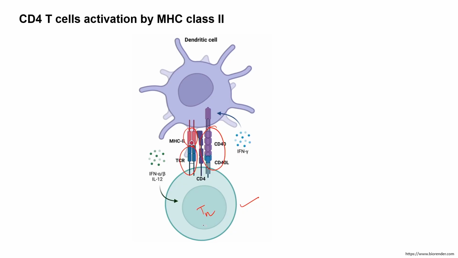So, the activated T helper cell can produce a lot of different cytokines. Some of the cytokines could be interferon gamma or interleukins, which can activate further pathways and downstream signaling to give an effect to the immune system.